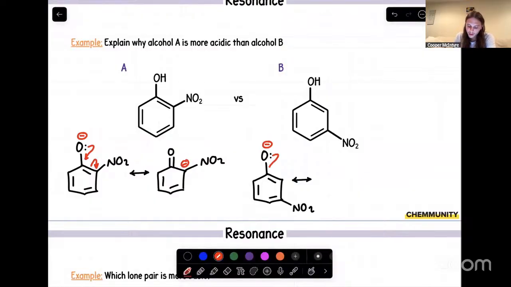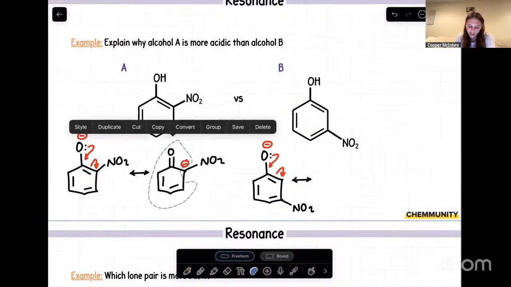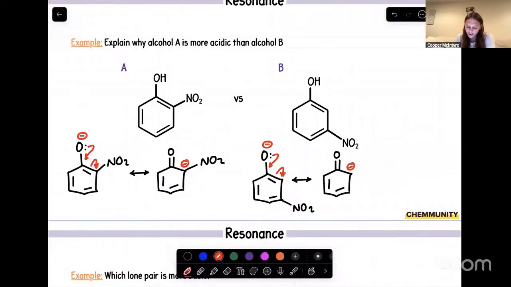Negative charge will drop down. The pi electrons from this pi bond will fall back onto carbon. And by doing that, we would actually get a structure that has a negative charge on the same carbon, but our nitro group, yet again, is on a different position.